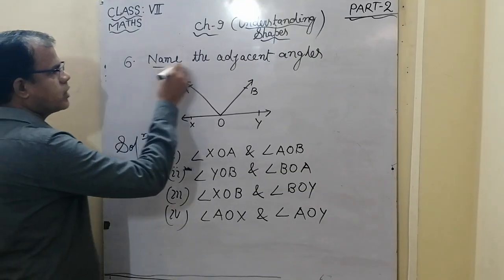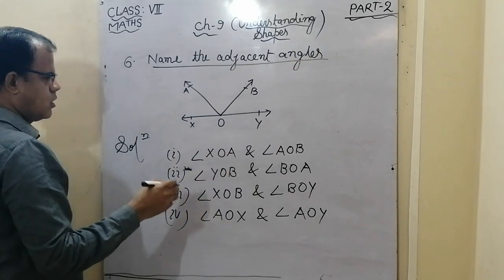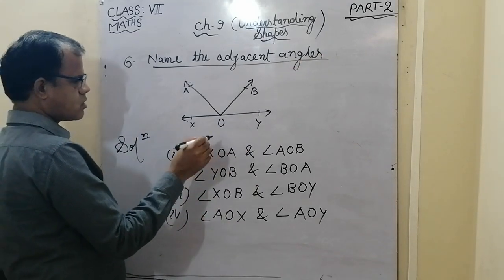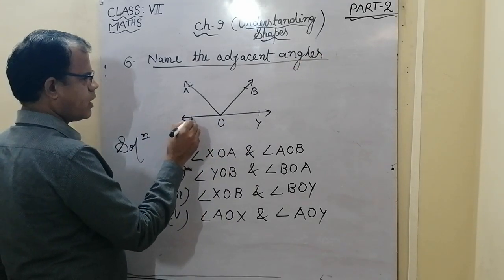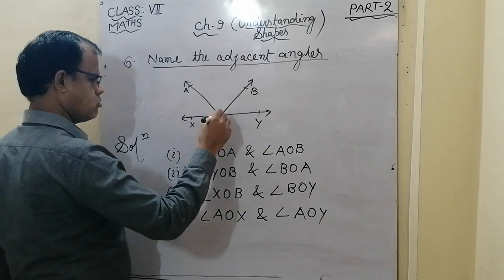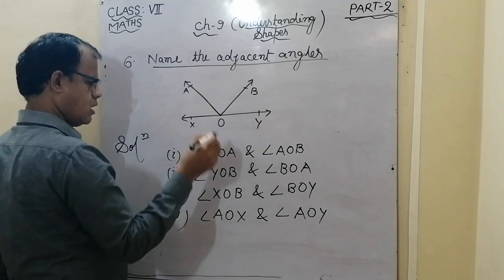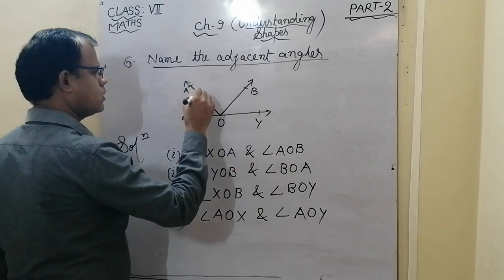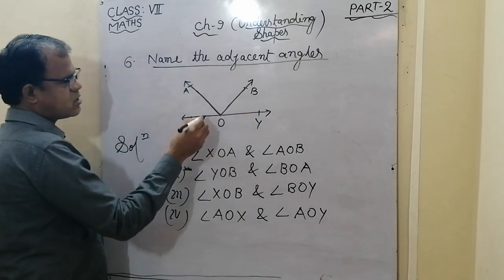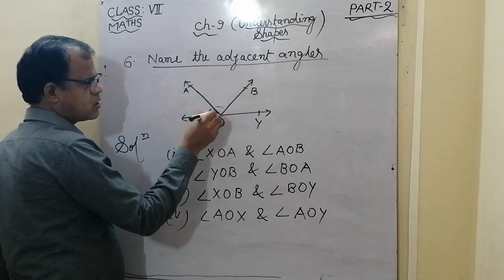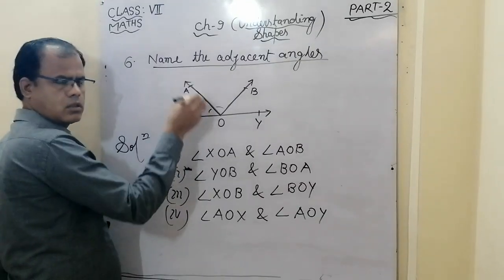Yes students, name the adjacent angles. So look here, first pair is angle XOA, this angle, and angle AOB. Here you can see in both angles this side is common.